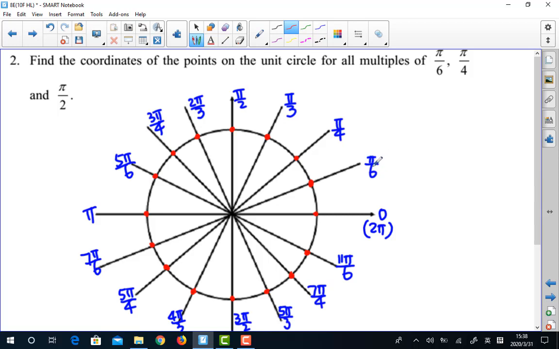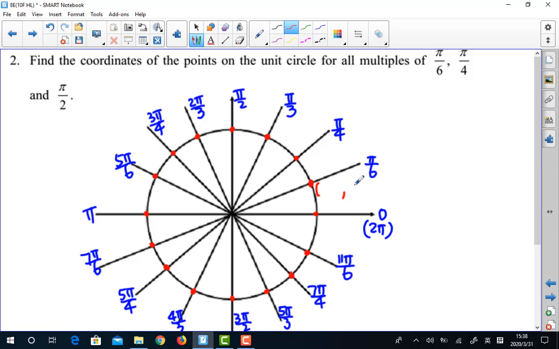Let's recall what we learned in 8C. In the unit circle definition, we introduced this one. The coordinates can be x and y, but after I applied the definition for the trig ratio, sine theta equals y over r, and r equals 1, therefore y is the same as sine theta.